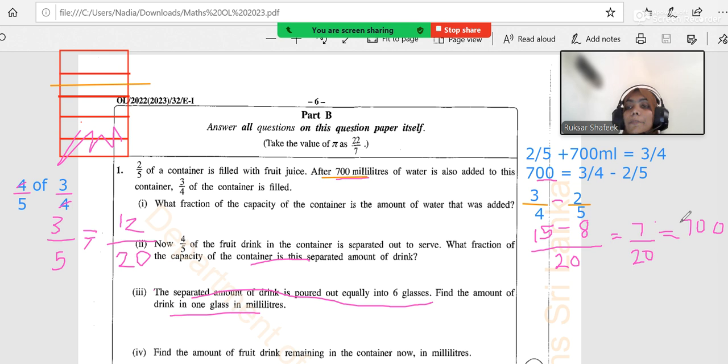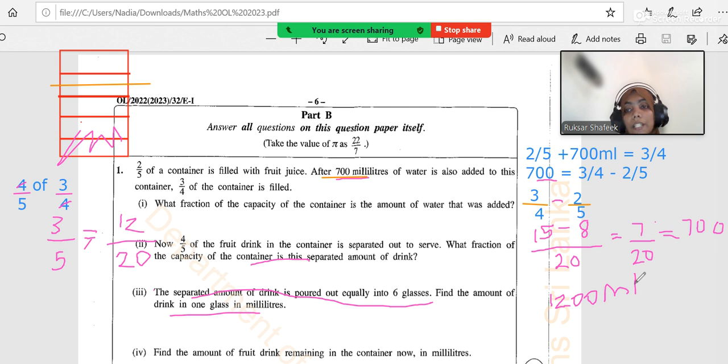So if 7 parts is equal to 700, 12 parts would be equal to 1200. You can use the unitary method here. You can find if 7, like imagine you have maybe 7 chocolates equals 700 rupees. So 1 chocolate is 100 rupees. So 12 chocolates would be 100 multiplied by 12, 1200. That's how you get this 1200 milliliters of juice.